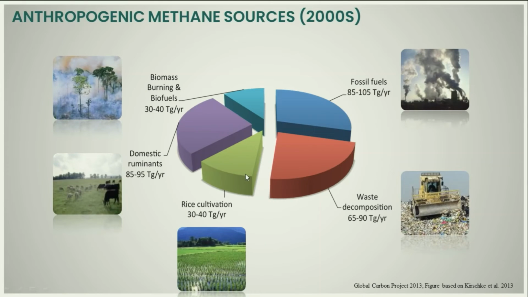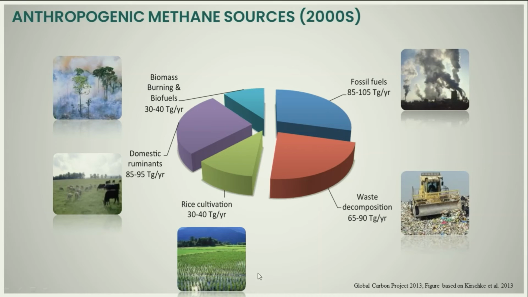Rice cultivation, a surprise. You think, well, there's nothing more ecologically viable than growing rice because it's the staple food in Southeast Asia. But the trouble is, you grow rice in rice paddies where it's flooded, and that flooding causes the leaves of the rice to rot, and that produces methane.